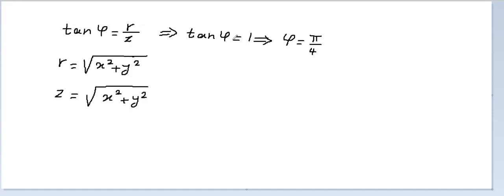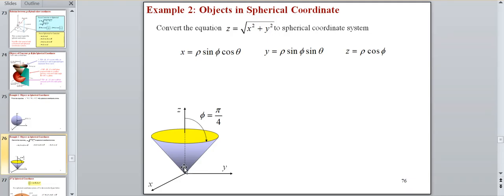So what phi do you know whose tangent is 1? But we have to be careful, because phi is between 0 and pi. Look at our cone: it is facing up, so phi must be between 0 and pi over 2.